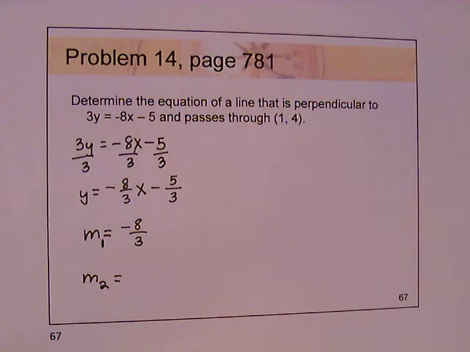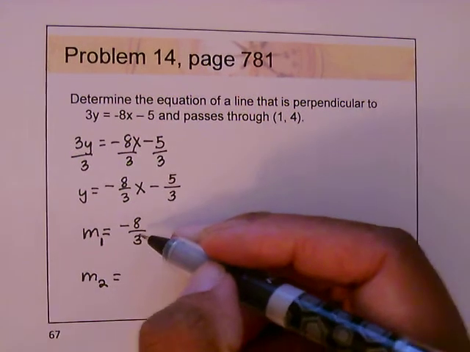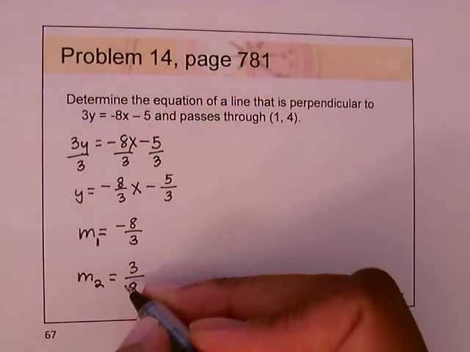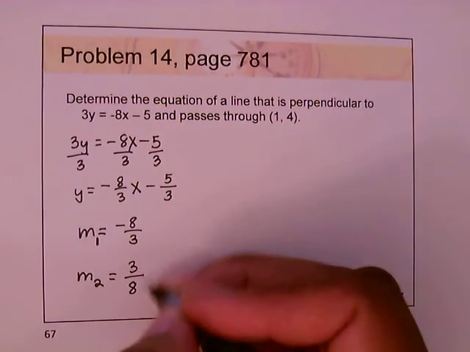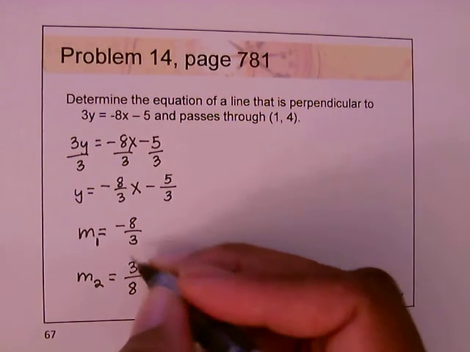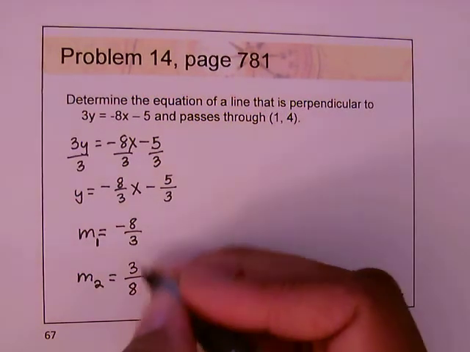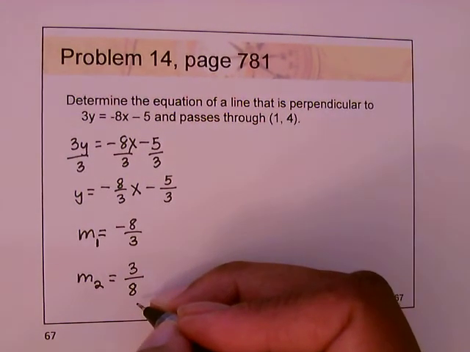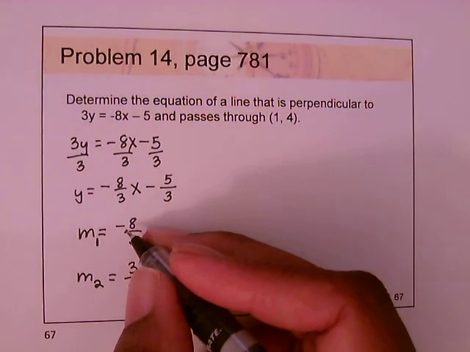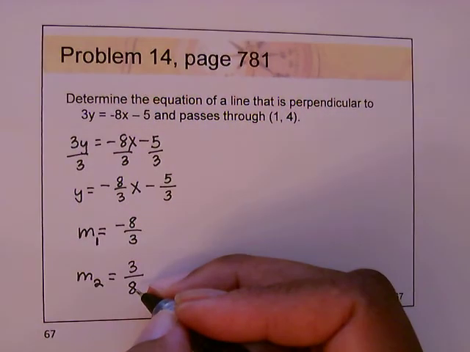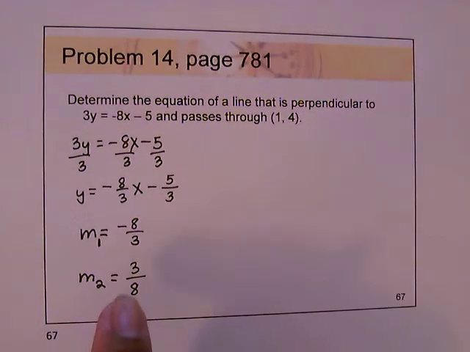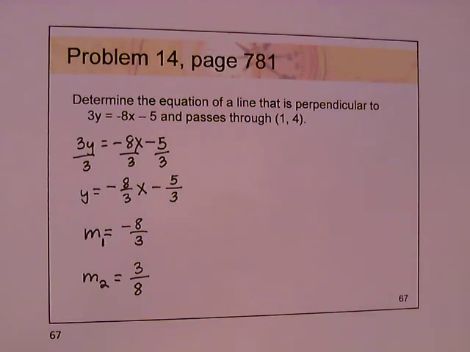The slope of the other line that's perpendicular to it would be this. We flip this over, this will be 3/8. And since it's negative, we keep the 3/8 as a positive number. That's because the product of these two must equal -1. And since that first slope was negative, the second slope perpendicular to it has to be positive. And we take the negative reciprocal. So it's the 3/8 that we're going to use.